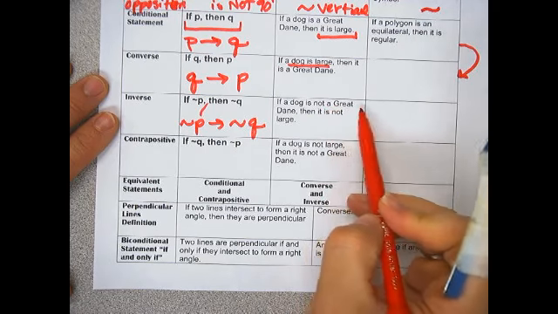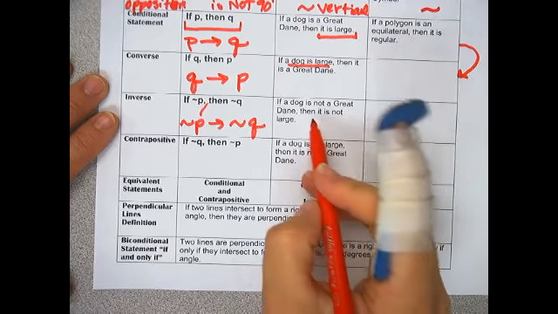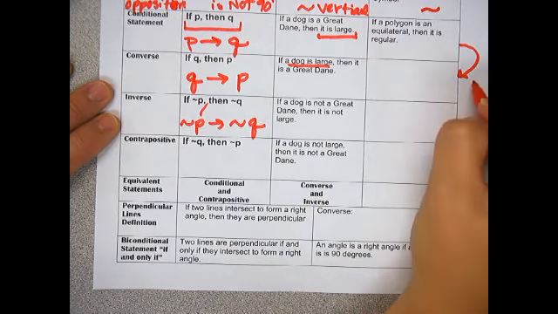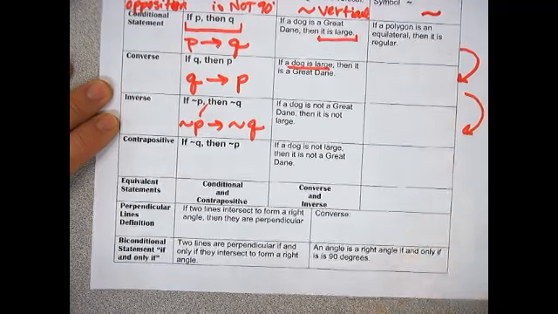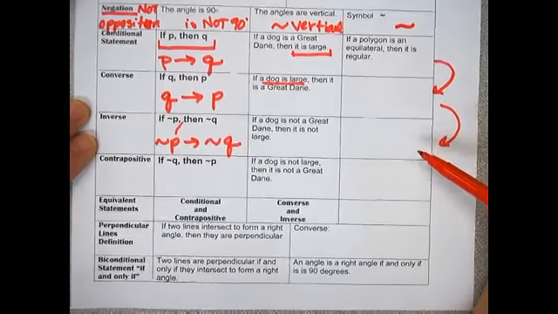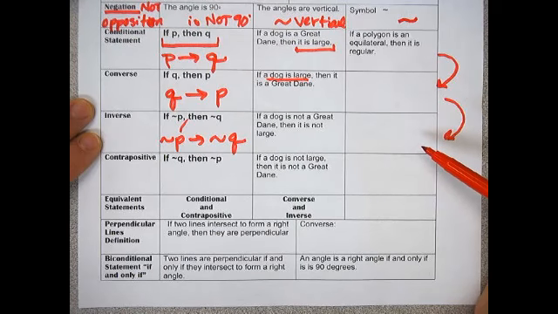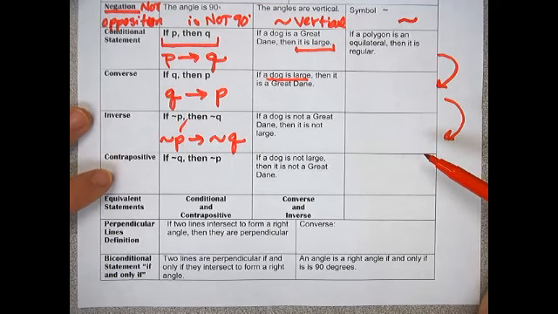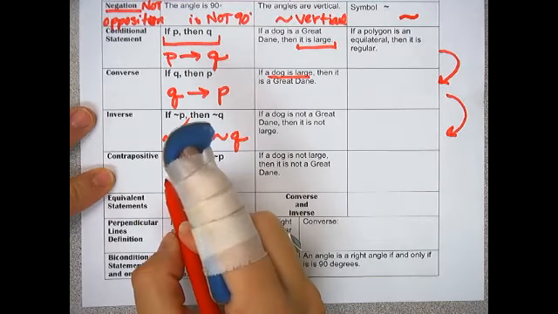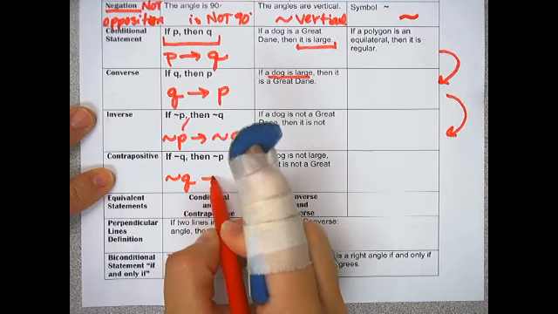And if you think about that, that would be true. Actually, it can be true, it can be false. There are dogs that are not Great Danes that are still large, but that's how you rework it into that form. Please do the same thing here. Can you write the inverse of if a polygon is an equilateral, then it is regular?